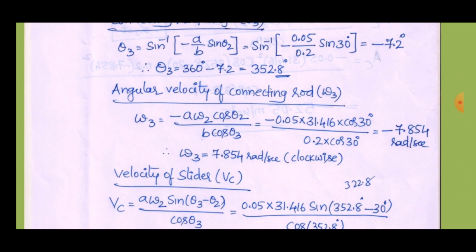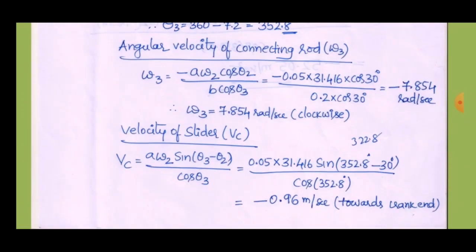Substitute all the values and after simplifying, omega 3 is equal to minus 7.854 radians per second, because it is omega. But what this minus 7.854 indicates is that omega 3 is 7.854 radians per second, and because of the negative, in the bracket I wrote, it is clockwise. This is the indication of that negative sign.